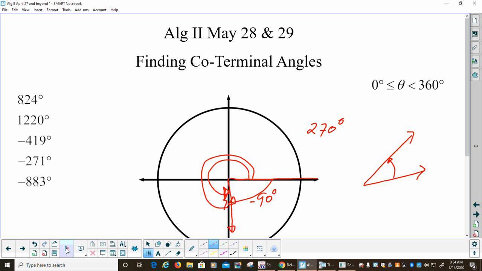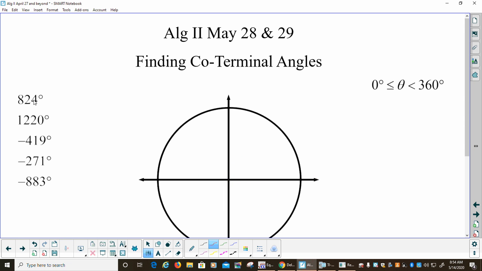Okay, so how do you do the assignment? 824 degrees. Well, we know it's a positive rotation, so it's rotating this direction. There's 360. Another one is 720. So we rotated 360, 720, and then I have more to go. Now how much more?